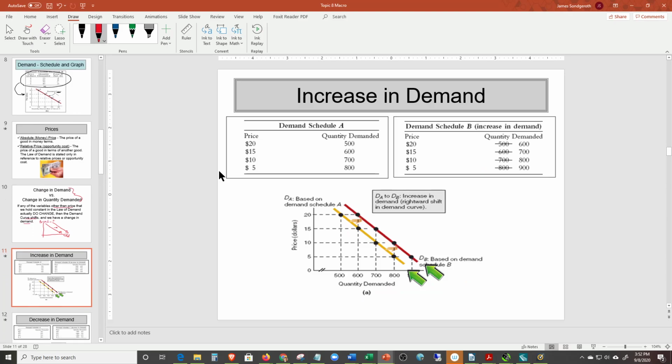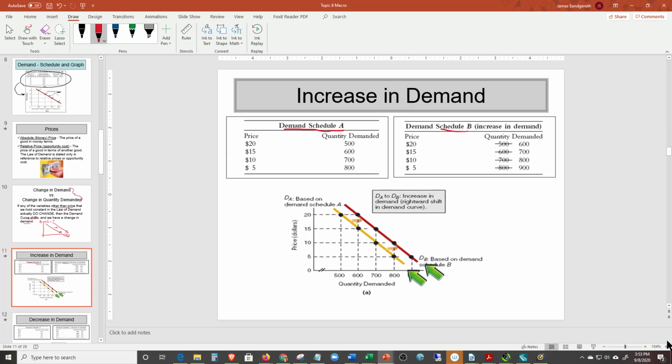Let's see what the next one is. Now, let's continue on this for a while. So here's an increase in demand. In other words, we have demand schedule A, and we see the quantity demanded at each of these different prices. And then we go to demand schedule B, and we see the quantity demanded has changed. The quantity is increased for each and every price. So we have a shift to the right.